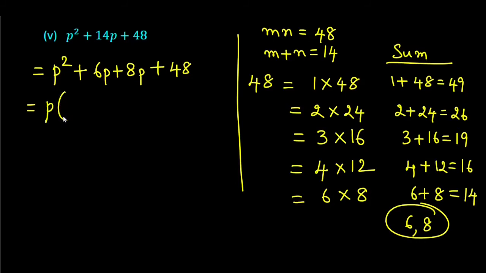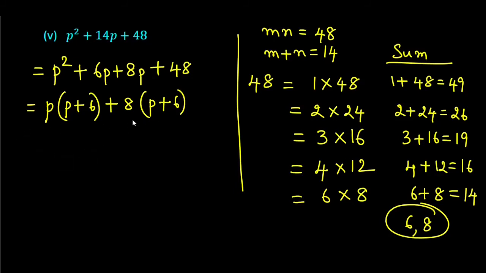Taking p as a common factor and rewriting, we get p into p plus 6. Plus here in 8p plus 48, we have 8 as HCF. So taking 8 as common factor, we remain with p plus 6. 48 is 8 into 6, so we get 6 here.